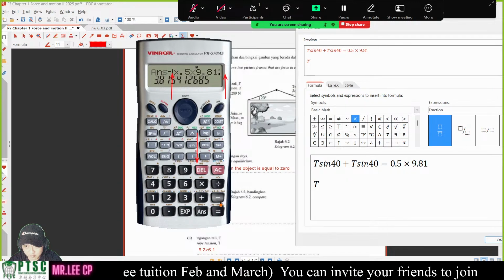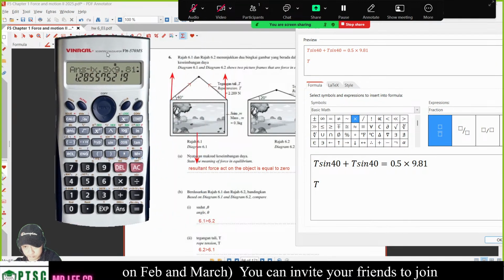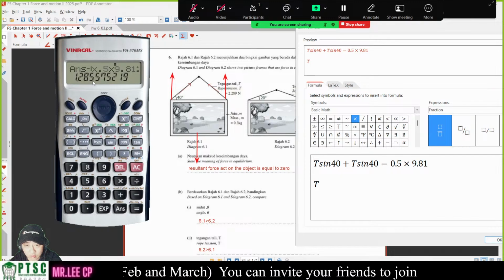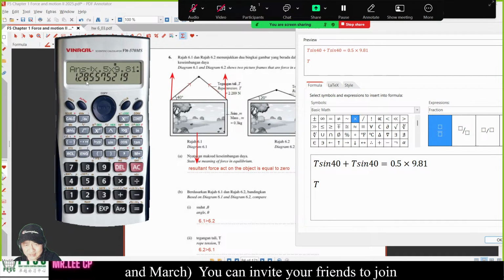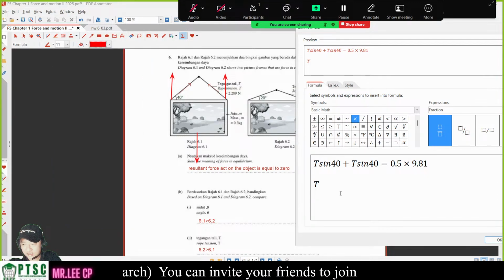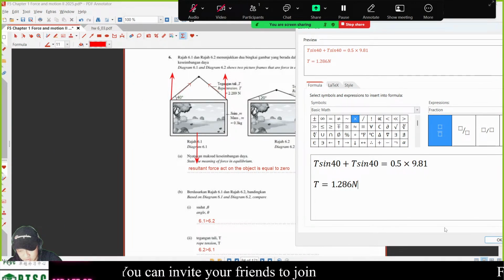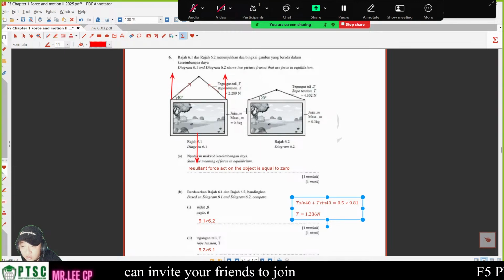That's my answer. Oops. 1.26. Unit Newton. So even smaller.